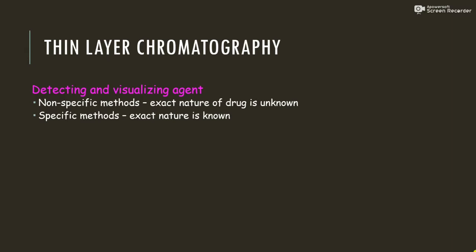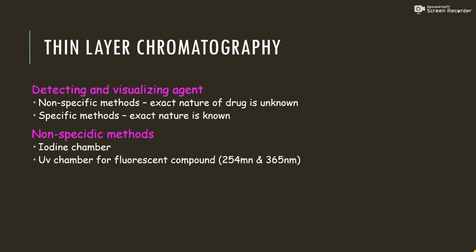So detection or visualization is done by using different reagents or samples or chambers. In case of non-specific, an iodine chamber is used, and a UV chamber for fluorescent compounds, which are detected at 254 nanometer and 365 nanometer. In case of specific methods, different reagents are used. An example is for alkaloids, the Dragendorff reagent is used.